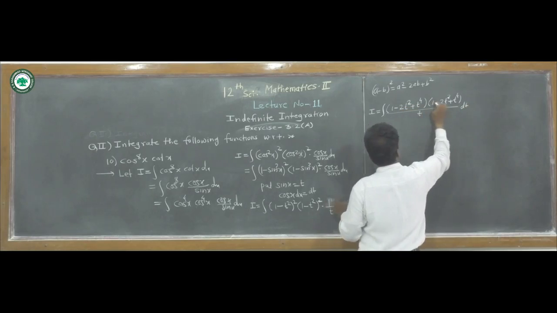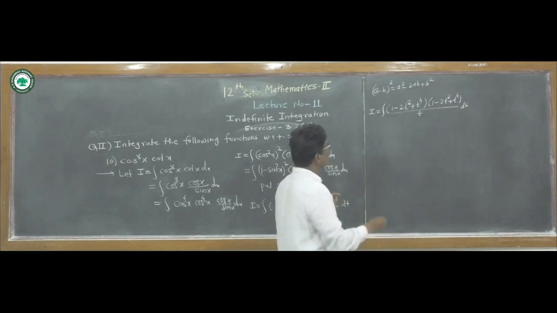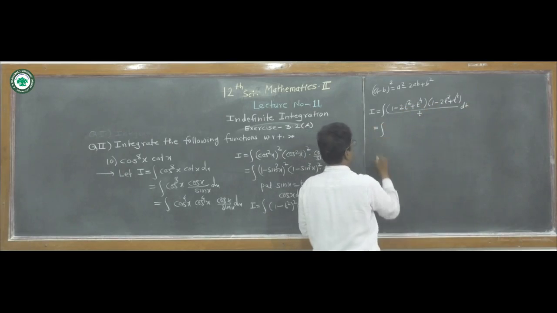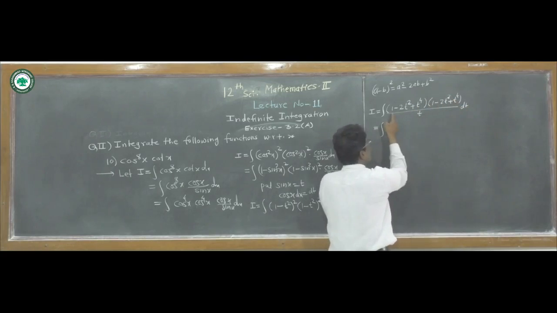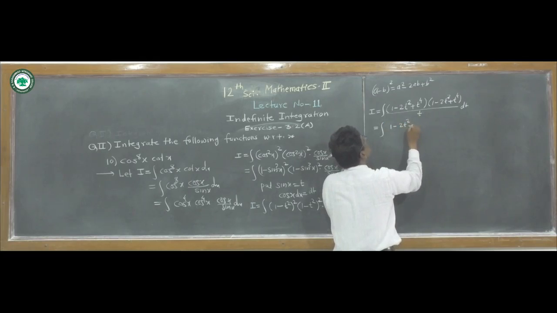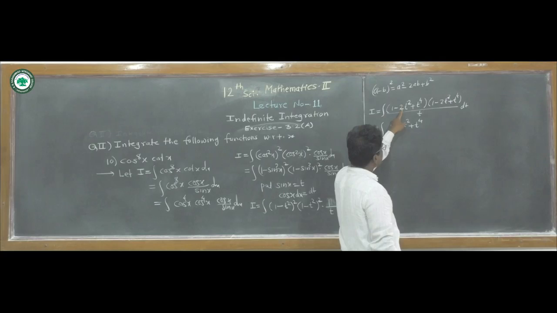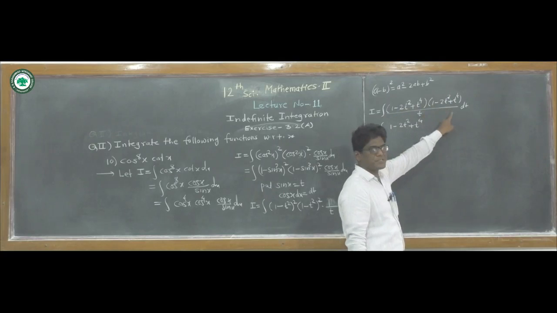Now we have to take the product of these two. So it is equal to integration of 1 into this bracket: 1 into 1, 1 into minus twice t square, plus 1 into t to the power 4. So write this bracket as it is when we multiply by 1. That is 1 minus twice t square plus t to the power 4. Now multiply by minus twice t square to this same bracket.